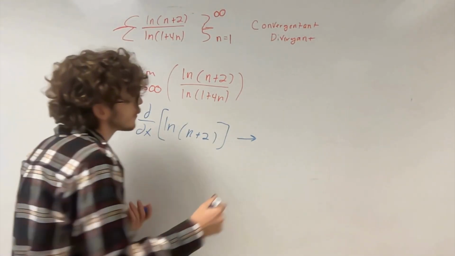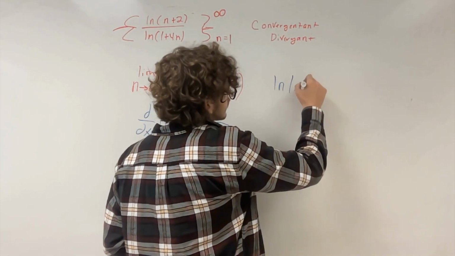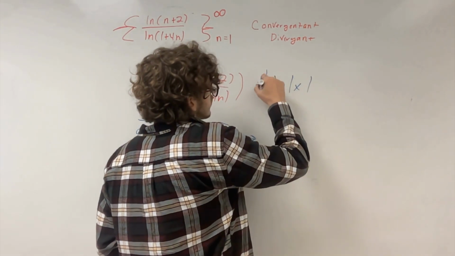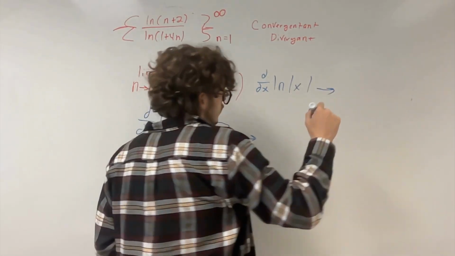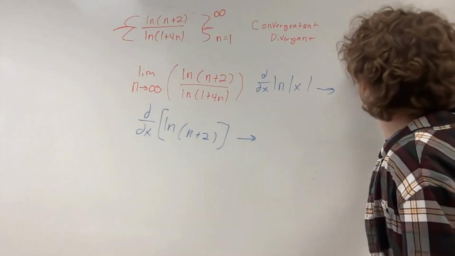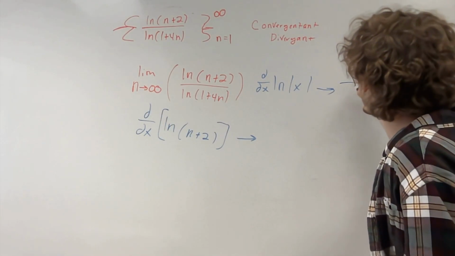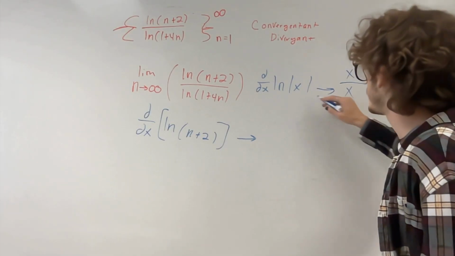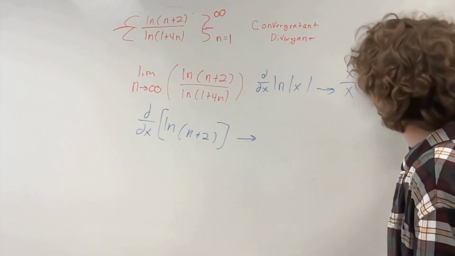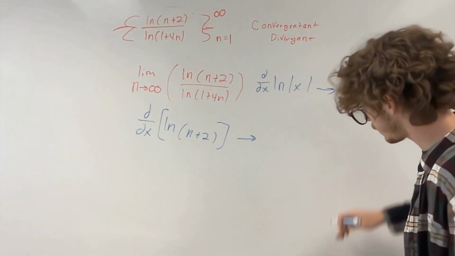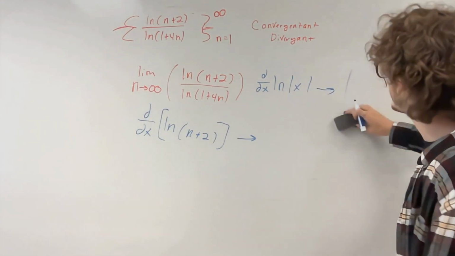Remember, for any natural log function of x, the derivative d dx is the derivative of the inside over the inside. So if it was natural log of x, it would be 1 over x.